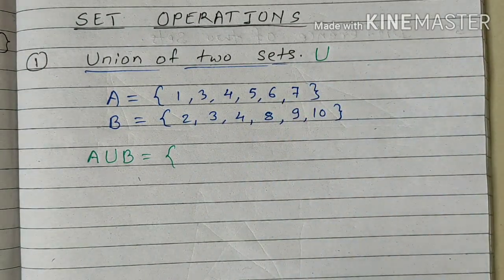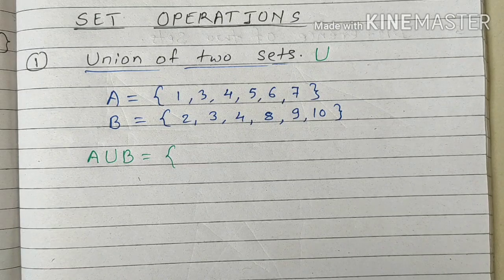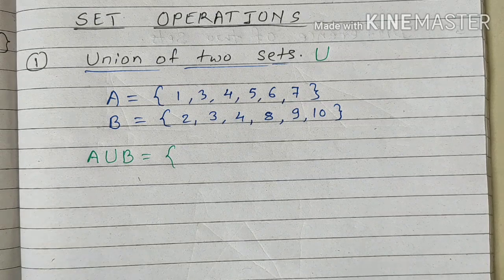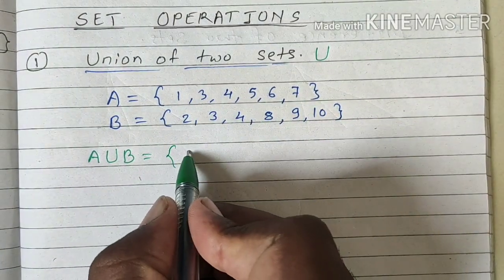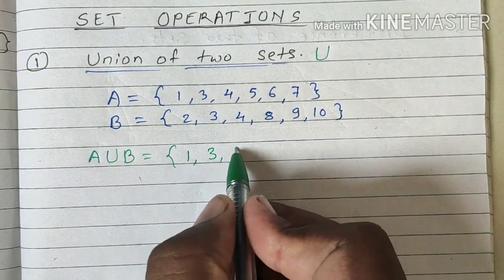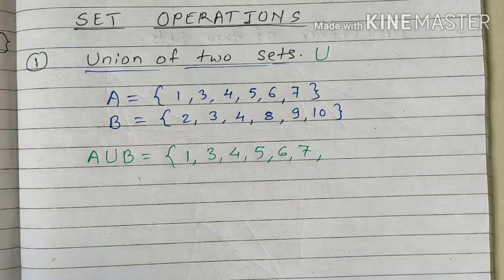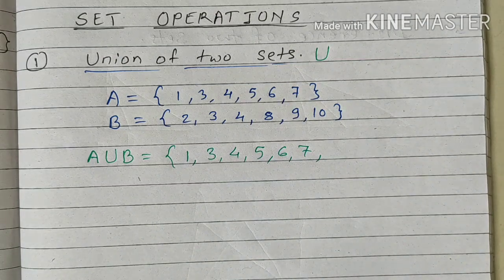Now let us combine these two sets. First we will write the A set as it is. Combine it with the B set, but while combining we will take care that no repetition of elements happens.